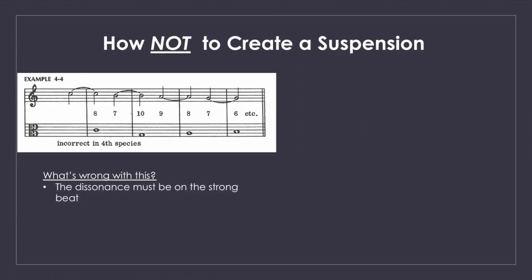The dissonance has to be on the strong beat. You can see here the 7 in bar 2 is on the second half of the bar. So that doesn't work. If it's on the second half of the bar, it would have to be a passing tone, and it's not. Same in the third bar, the 9th. That's on the weak beat instead of the strong beat. So this is all wrong. These are actually just anticipations, and you'll learn about that in the next unit. But these are not correct suspensions.